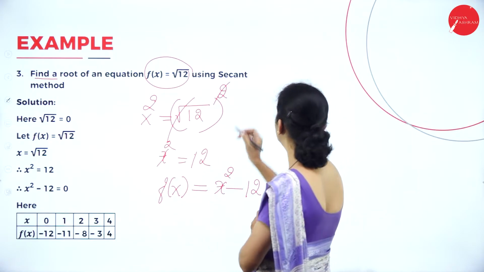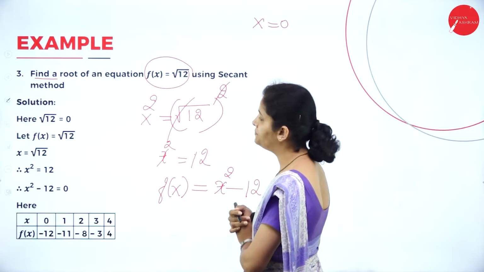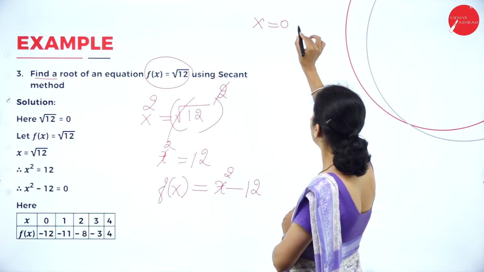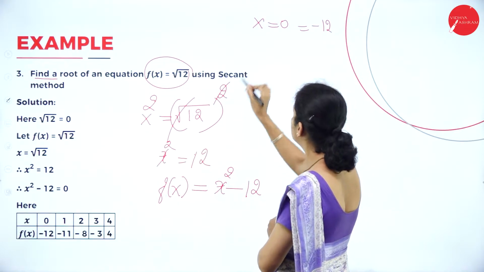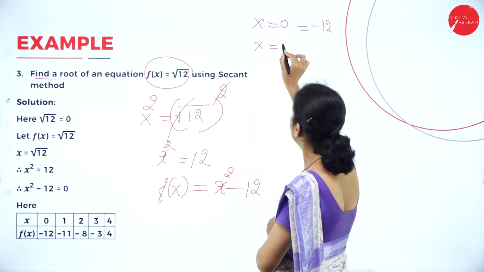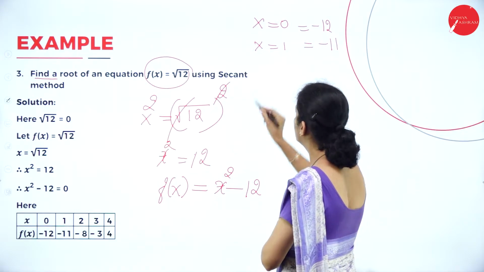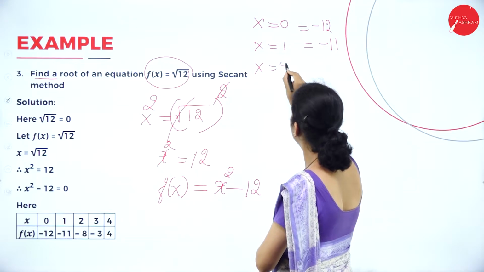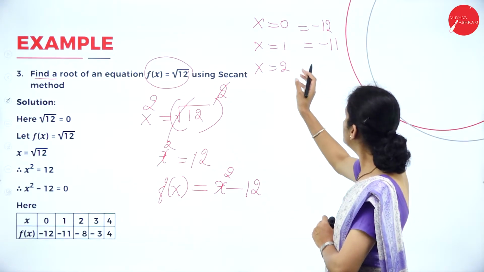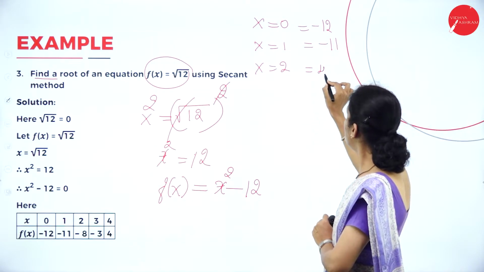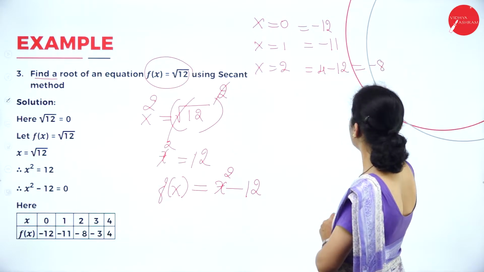So what I will do, I'll start substituting x value equal to 0. When x equal to 0, I'll get minus 12. Next, x equal to 1, it is minus 11. Now, x equal to 2. It is 4 minus 12, that is minus 8.